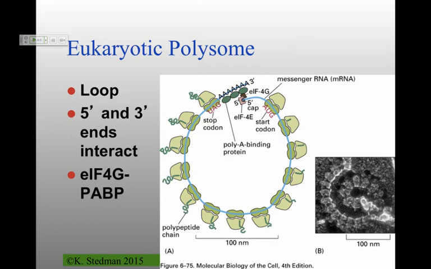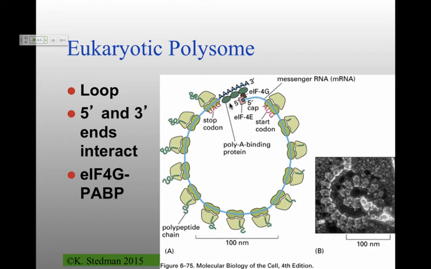So this seems to be a way that you can amplify the product of one of your messenger RNAs. When we talked about transcription, we talked about being able to make many copies of a messenger RNA from one particular part of your genome. So that's one step of amplification. The second step of amplification is this one, where you can have multiple ribosomes bound to one messenger RNA. This binding of the 5' and 3' ends together also seems to help with stability, in terms of it not getting degraded by exonucleases.